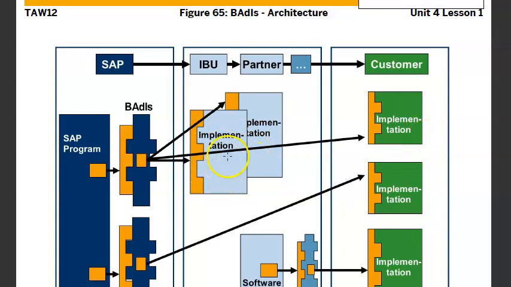One single implementation can be used in various different business add-ins. For example, there is another business add-in definition, which might be in another program also. Whatever implementation we are doing can refer to the same implementation.